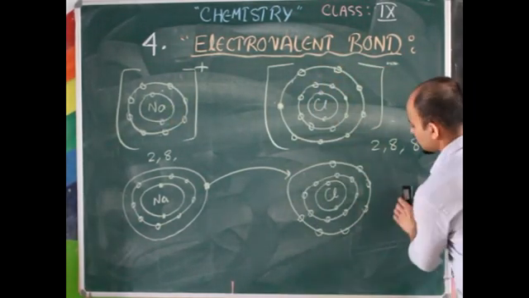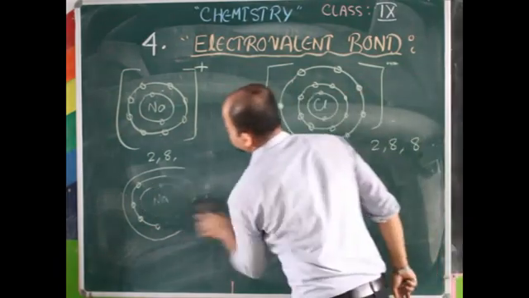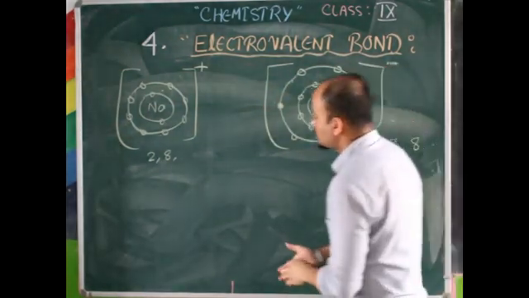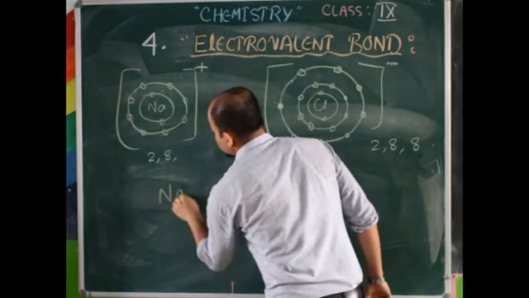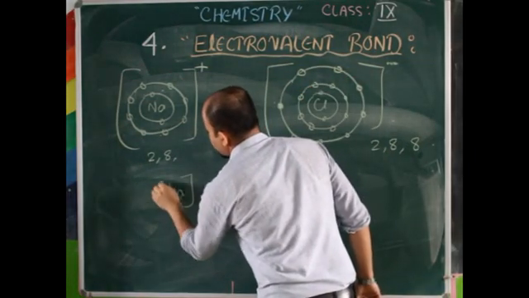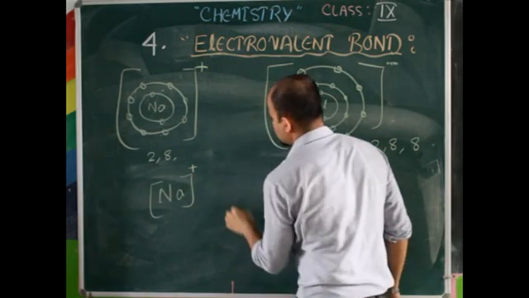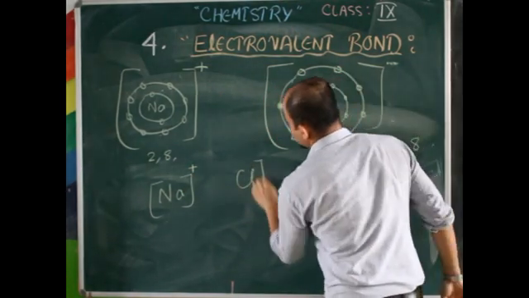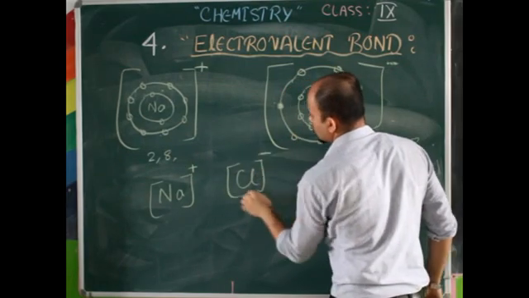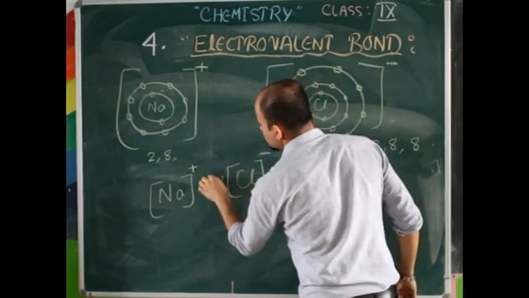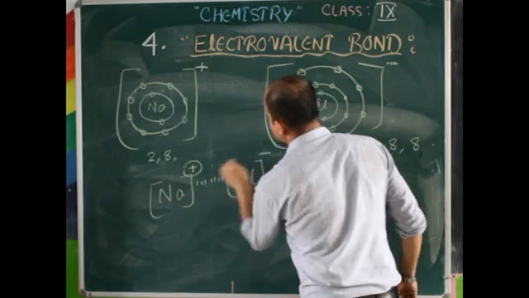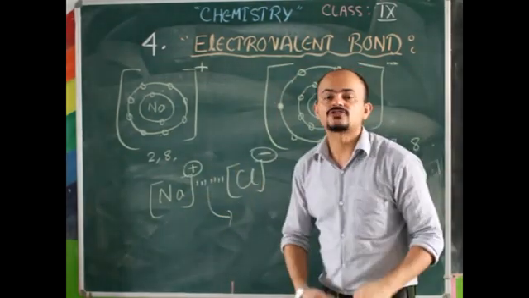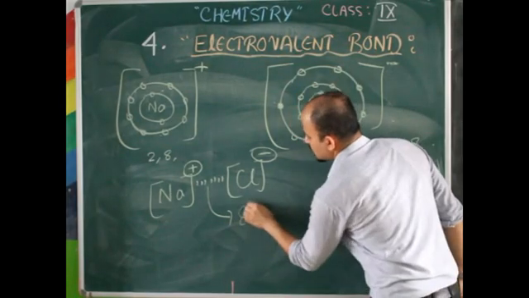Now, let me draw this part. So sodium will have a positive charge, and this chlorine will have a negative charge. There is a force of attraction between this positive charge and this negative charge, and this force of attraction is the electrostatic force of attraction.